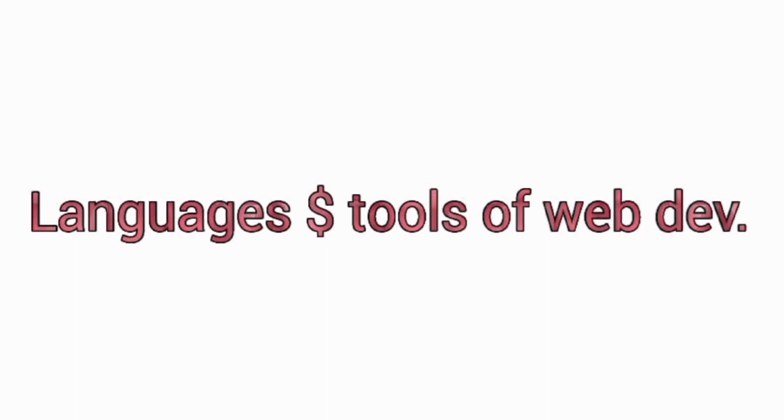Front end developers use HTML, CSS, and JavaScript to build. Now, the meaning of HTML is hypertext markup language, while the meaning of CSS is cascading style sheets. JavaScript is usually used for adding functionality to our web pages.